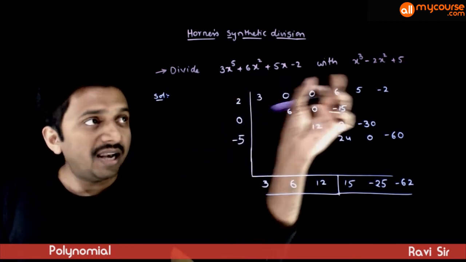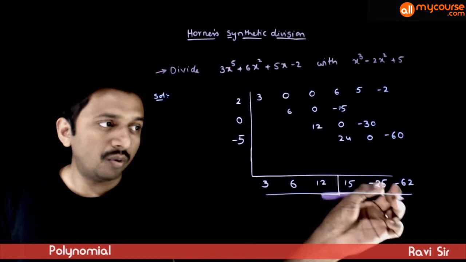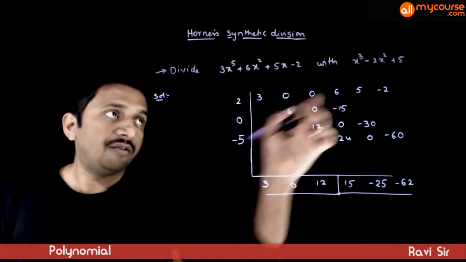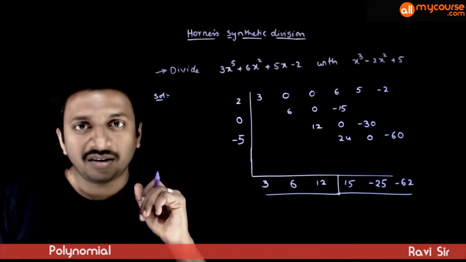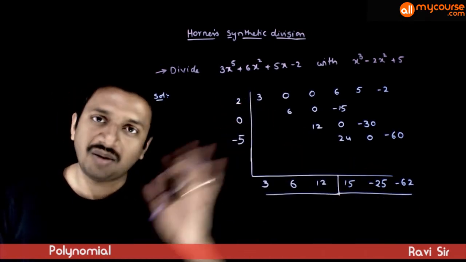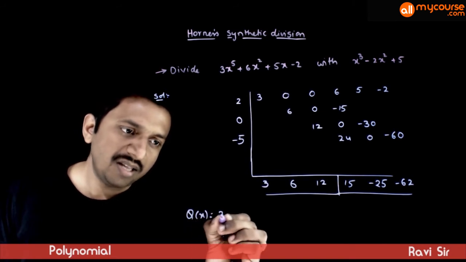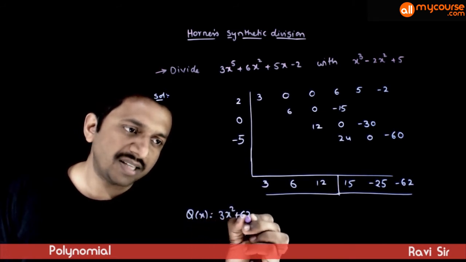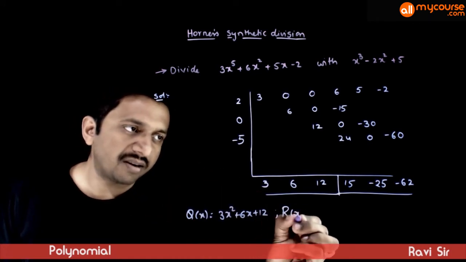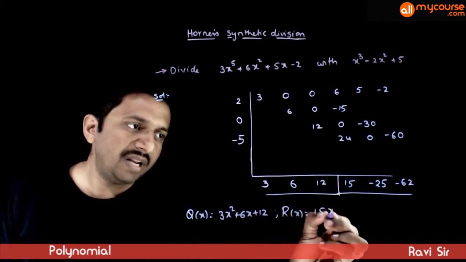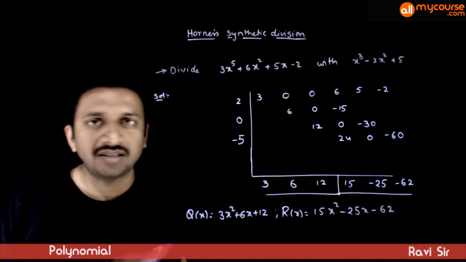If you have a linear factor, you have only one number here, so only one number goes to the remainder. If you have a quadratic, you get two numbers here, so two numbers are there in the remainder. So the quotient is 3x square plus 6x plus 12, and the remainder is 15x square minus 25x minus 62.